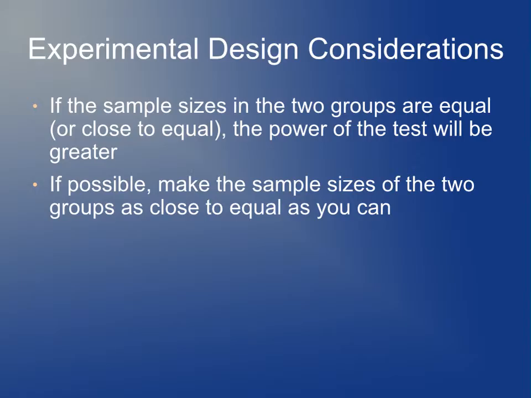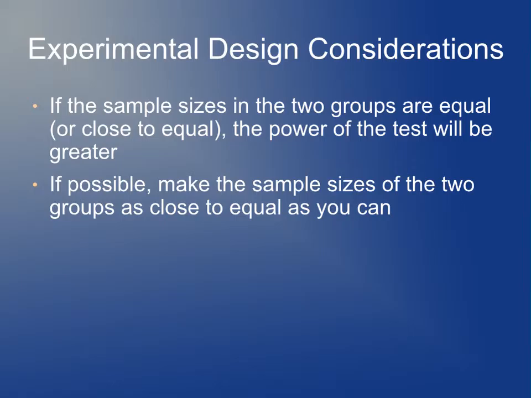So when designing experiments to do a two-sample t-test, you'll get the best power if the two groups have approximately equal size. In general, the power of your test is determined by whichever group is smaller, cases or controls or whatever the case may be. So you'll get the best power if the control group and the case group have approximately equal sizes, ideally exactly equal sizes.